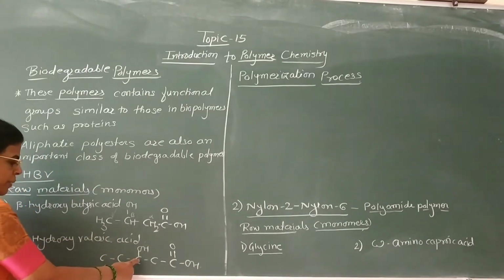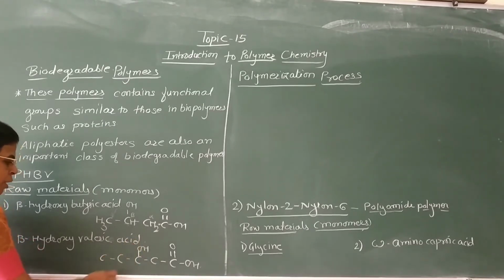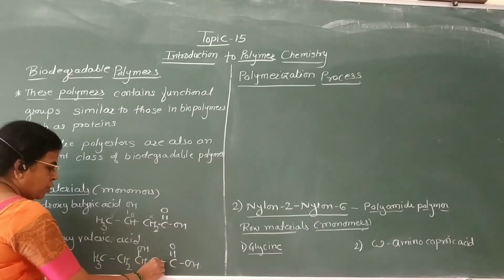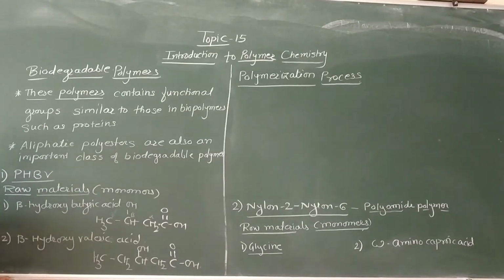Now satisfy the valency of these carbon atoms: CH3, CH2, CHOH, CH2, COOH. These are the 2 monomers or raw materials used for the preparation of PHBV. The long form of PHBV is poly beta hydroxy butyrate copolymer of beta hydroxy valerate.